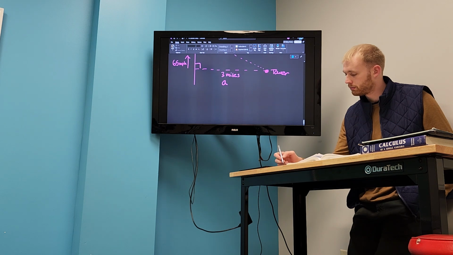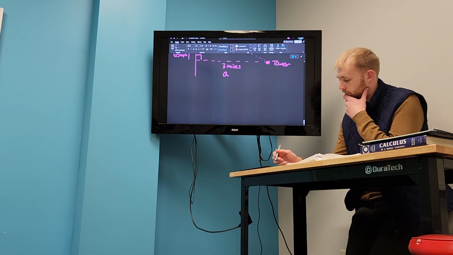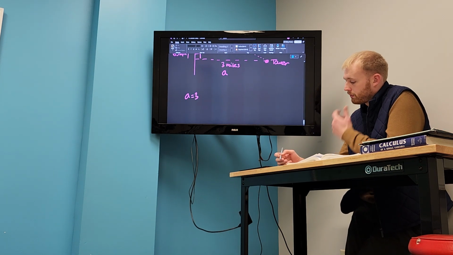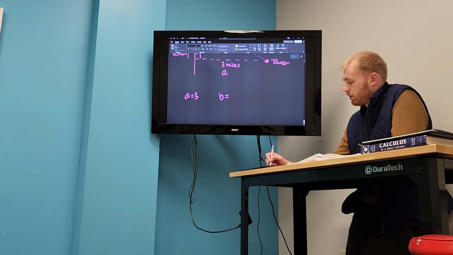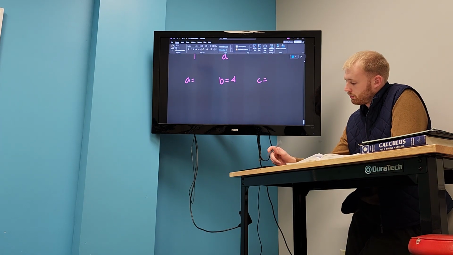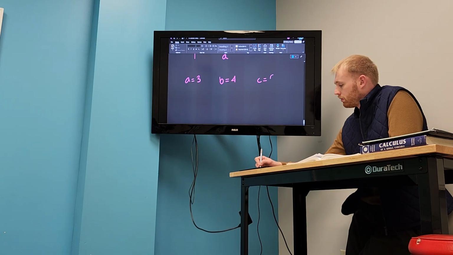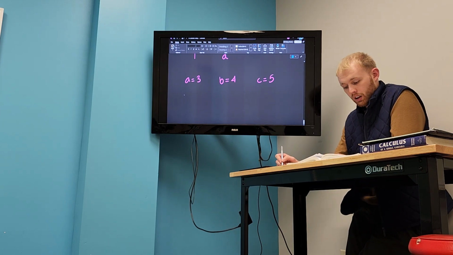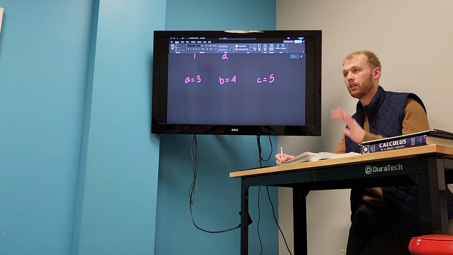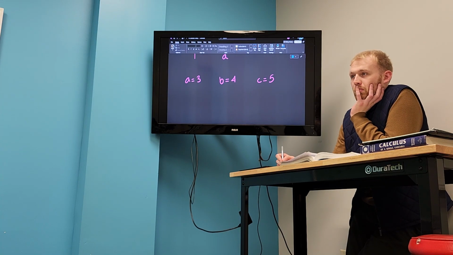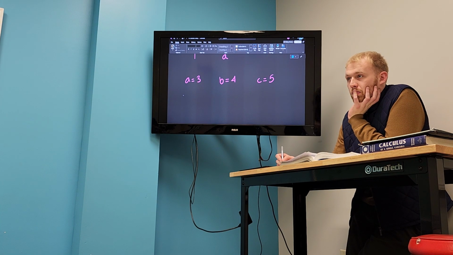We need to write out the quantities we know. What do we know? A equals 3 miles. Yep. B equals 4. C equals 5. A prime we don't know, right?